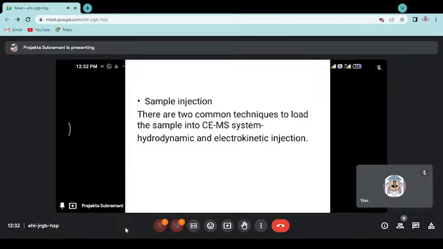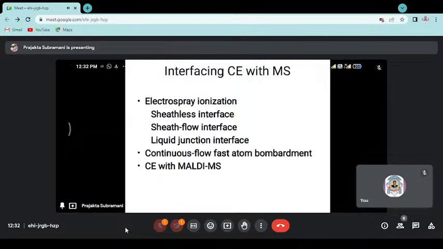After the sample injector system, we couple the capillary electrophoresis with the mass spectrometry by an interfacing system. The mostly used interface in CE-MS is the electrospray ionization technique. Electrospray ionization is an evaporative technique. The sample is introduced through the capillary, and at the tip of the capillary, high voltage is applied.